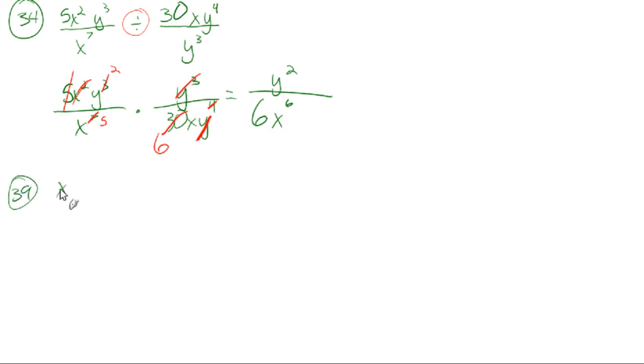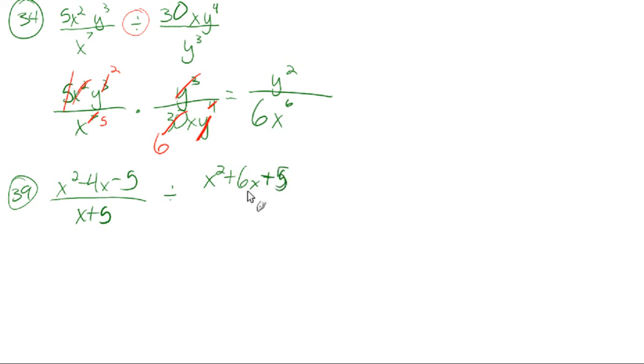39. x squared minus 4x minus 5 over x plus 5, divided by, here's a crazy one, x squared plus 6x plus 5.